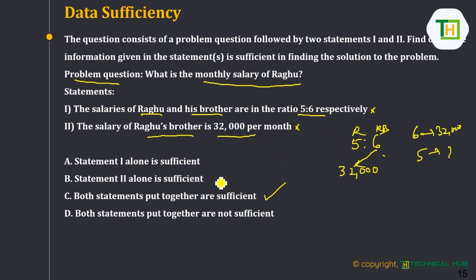Combining the two statements, you can find the monthly salary of Raghu. So finally the answer is C. Option C is the correct answer: both the statements put together are sufficient. Option D? No, option C is the correct answer.